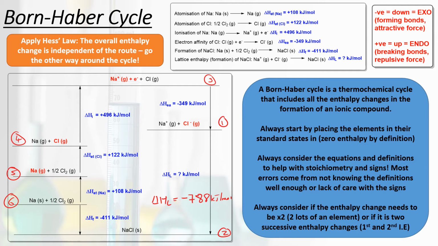And that would give your lattice enthalpy to be negative 788 kilojoules per mole. So just apply Hess's law. Remember that exothermic ones that are negative go down, endothermic ones that are positive go up, and it's always really important to have the definitions and the equations in your head for the stoichiometries.